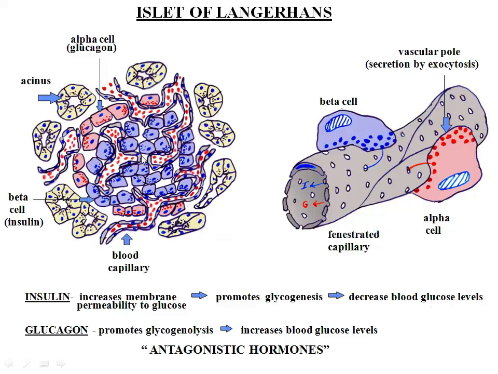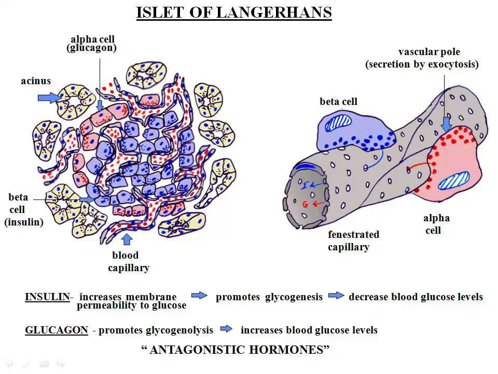Now diagrammatically, you can show this islet of Langerhans like this. Here, these are the acini spread around the islet of Langerhans, and you can see the capillary entering from all sides of the acini into this central island. Here in the island, you will find these different cells scattered among the capillary network.